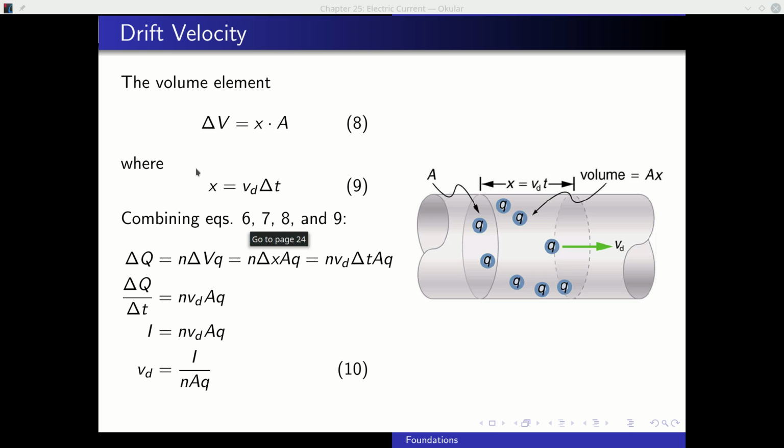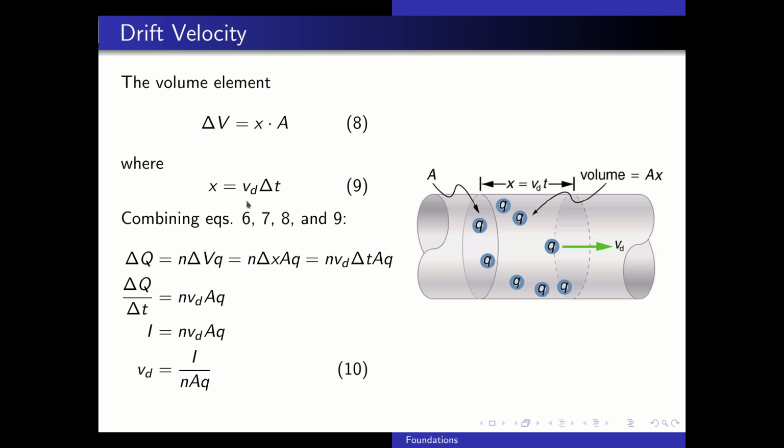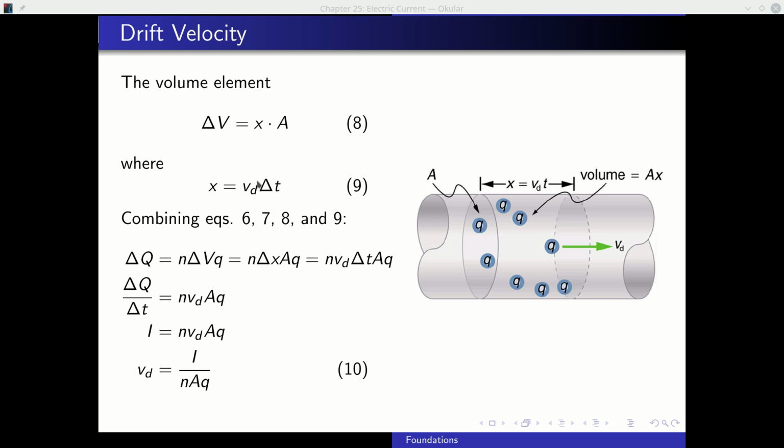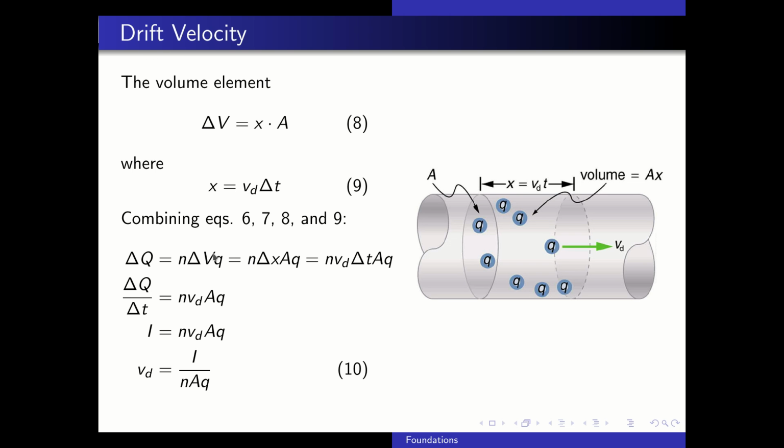So just as shown, the distance they travel is equal to this speed that we're going to call v_d, which, as you might guess, is the drift velocity, multiplied by the time it takes to move them that distance. And now we're going to combine these pieces together.